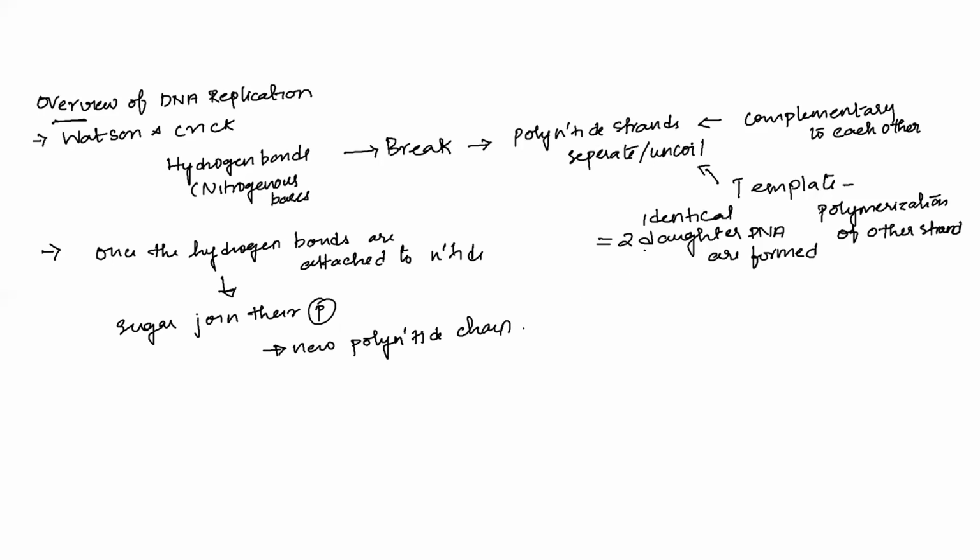So we know that each of the separated strands, if this is a double helical structure, okay, very bad diagram, is going to get separated.